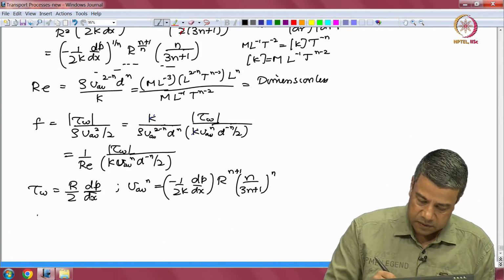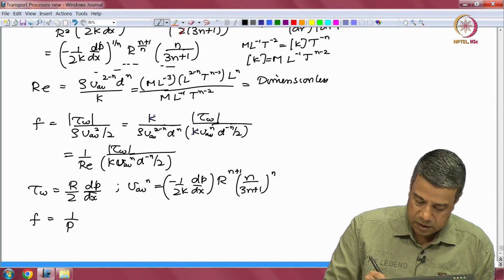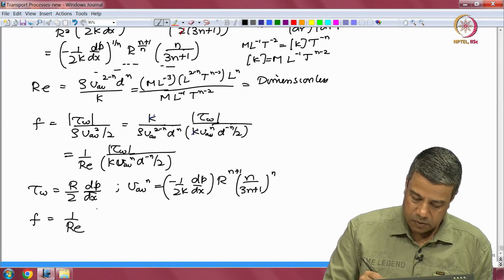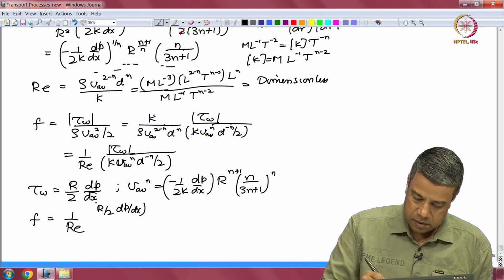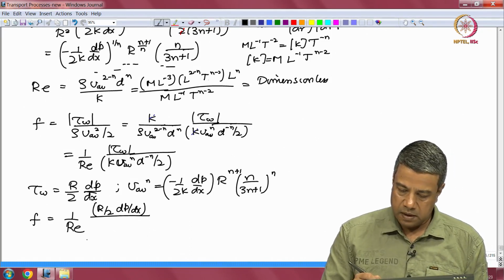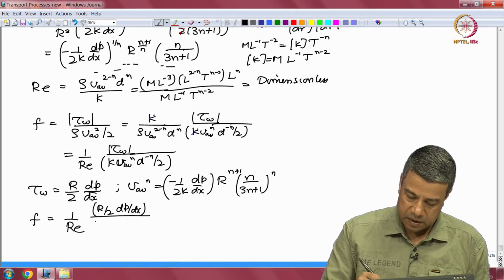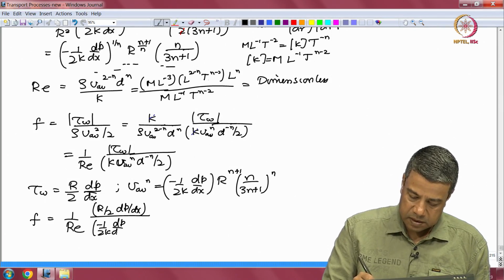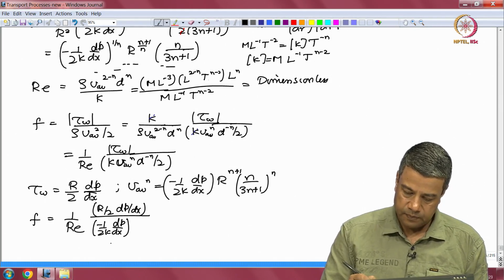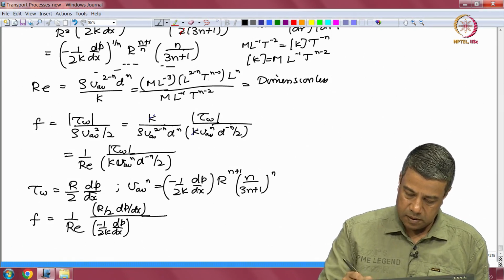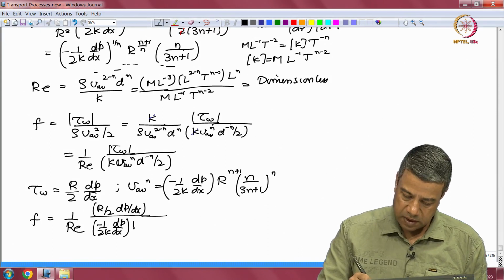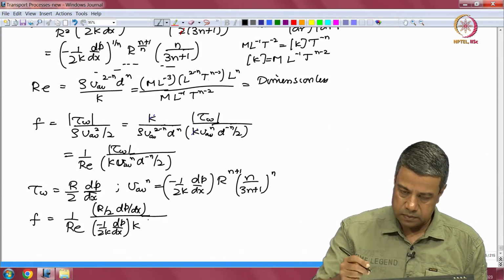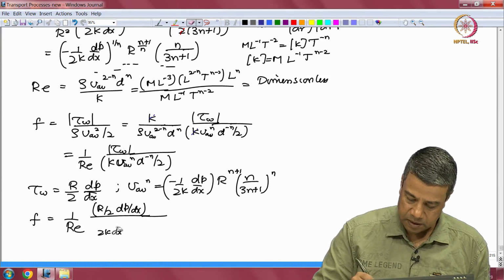Therefore, the friction factor is equal to 1 over R e, into r by 2 dp by dx, divided by V average power n, which is minus 1 by 2 k dp by dx, into k. So, let me be careful here.